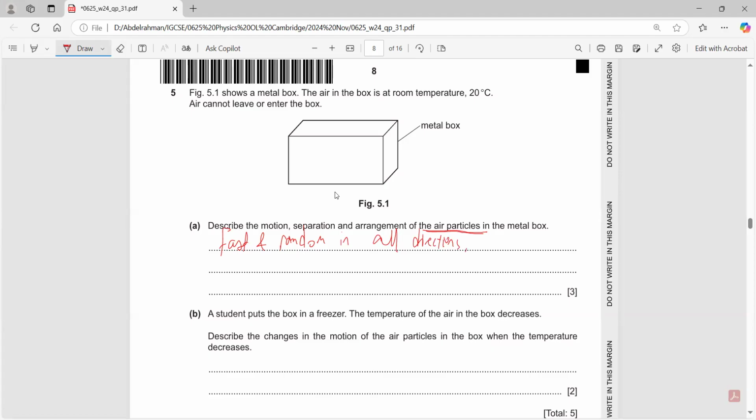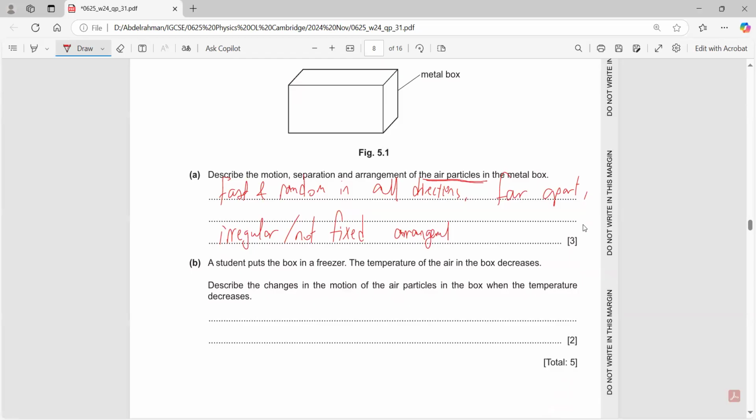What about the separation? Far apart. What about the arrangement? Irregular, or not fixed arrangement.